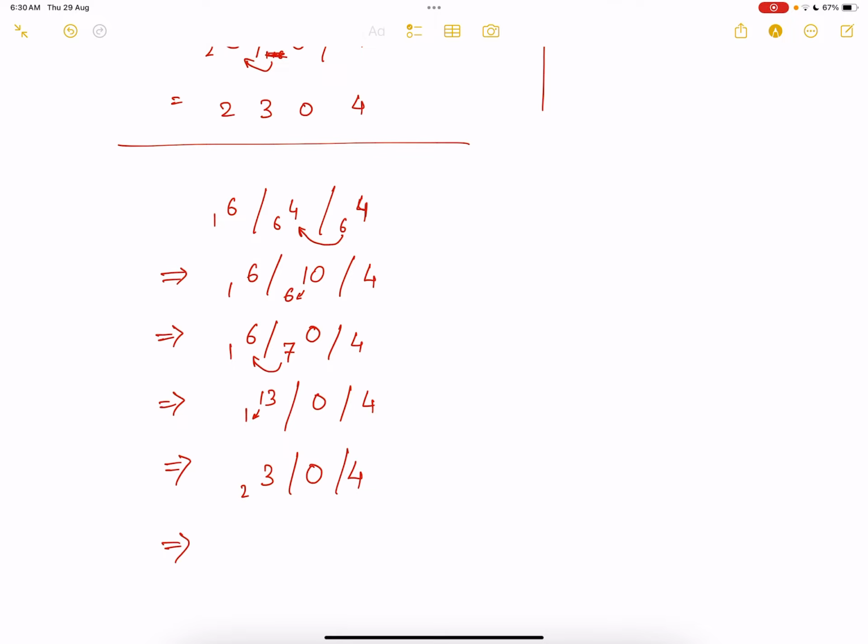So you finally get 2, 3, 0, 4. I did it in slow motion so that you see there are so many steps involved if there are multiple carryovers, and that is something that you need to understand better. Hope this is useful.